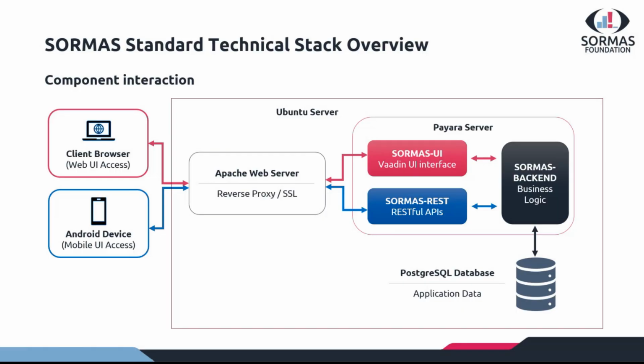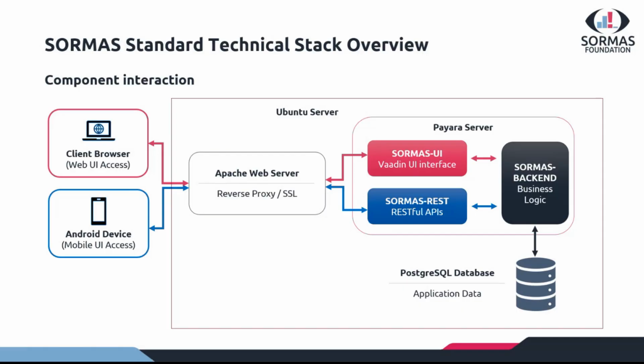Because this is a browser request, the proxy configuration directs it to the SORMAS UI module. The SORMAS UI module can then interact with the SORMAS backend module to fetch data, insert data, or run reports, and then return the response to the client.